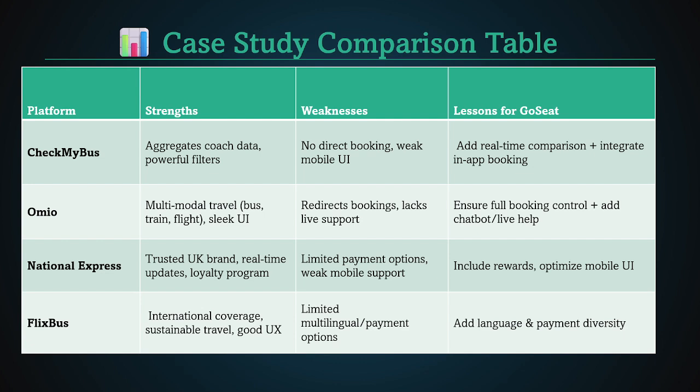For example, Check My Bus has powerful filters but a weak mobile UI, I mean user interface. Omio looks good but redirects bookings and lacks live support. National Express is trusted in the UK but has limited payment options. Flixbus covers many countries but has limited language and payment options. From these I learned valuable lessons to improve my GoSeat online seat reservation booking system.